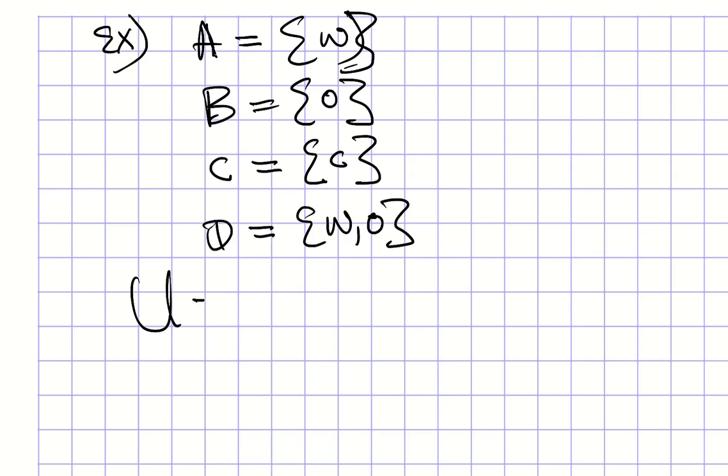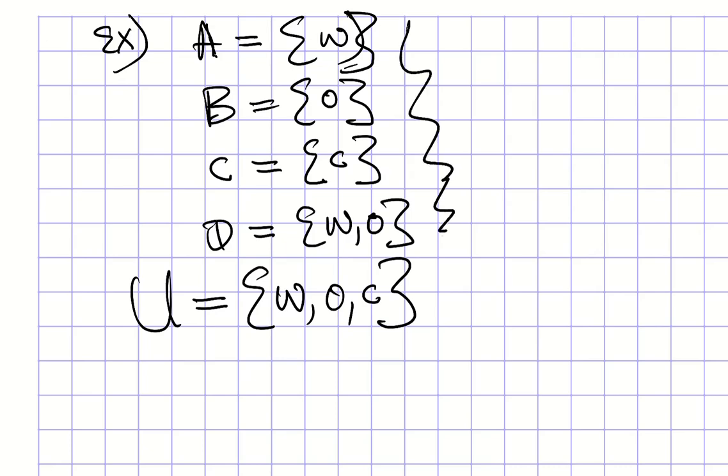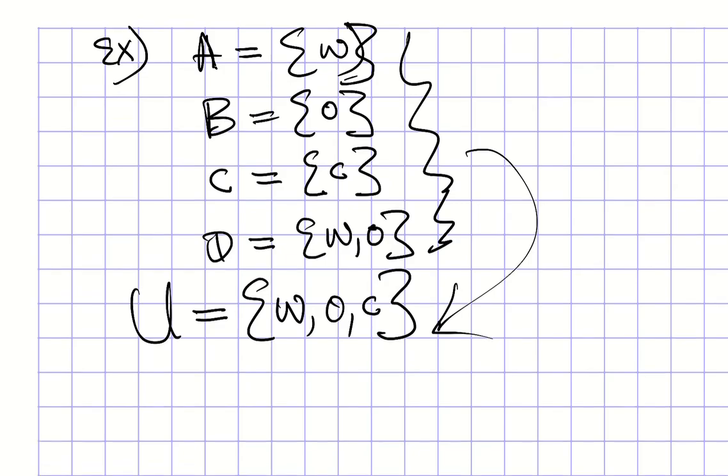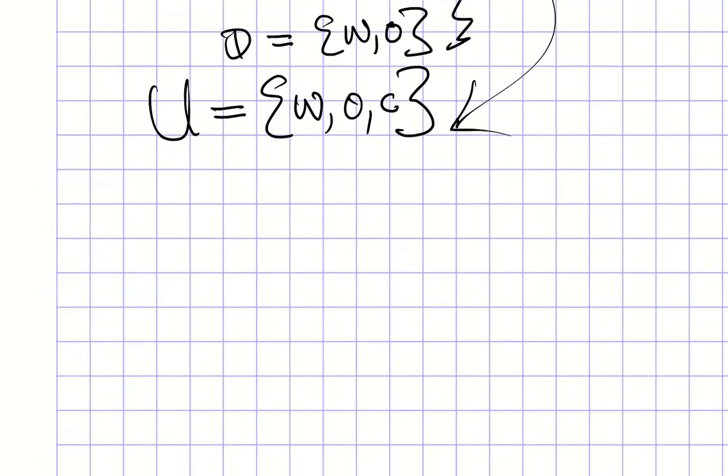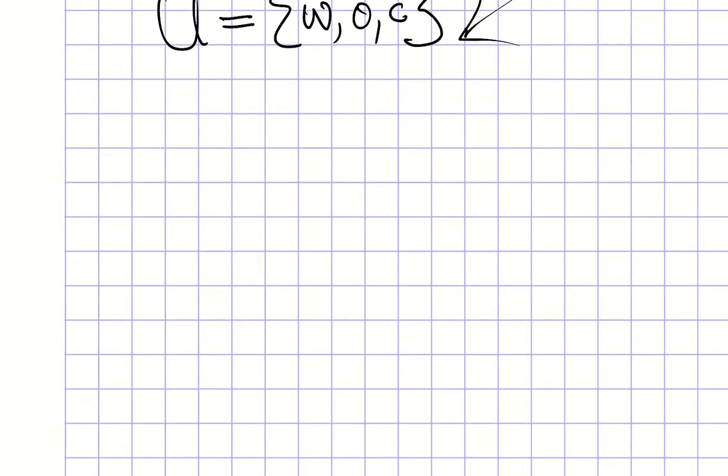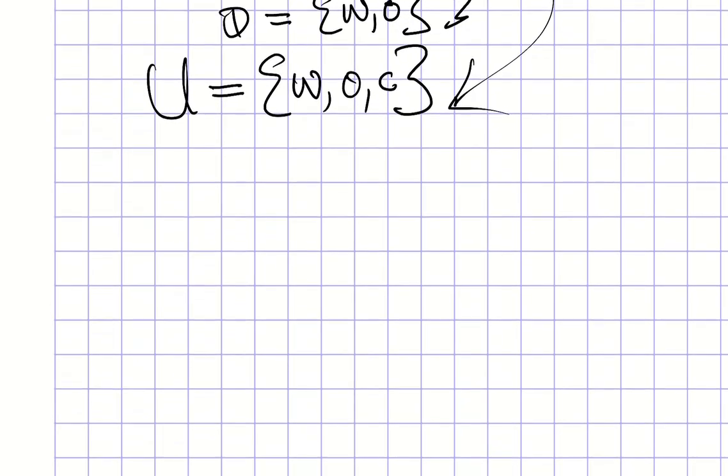The universal set U is the same thing as the set we started with: Washington, Oregon, and California. This is the universal set because all these are subsets of it. That's what the definition is saying. So this set is the universal set of all these A, B, C, D sets. You can even have another set, but I don't want to confuse you. So that's how you read that: all those sets are subsets of set U, the universal set.